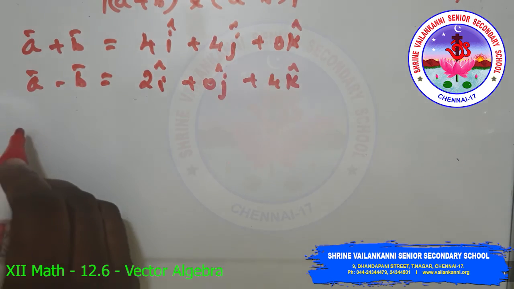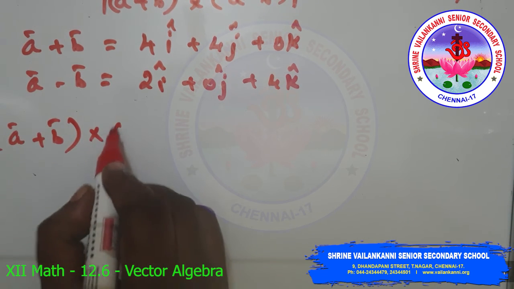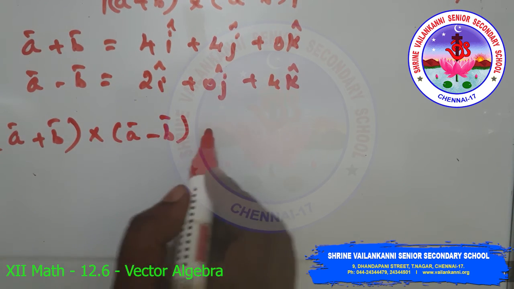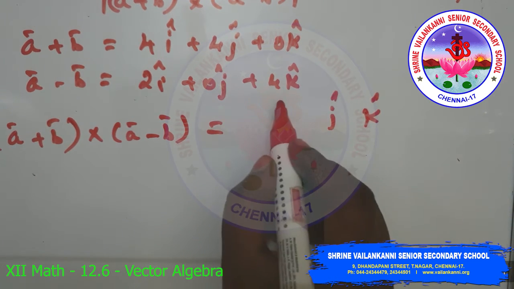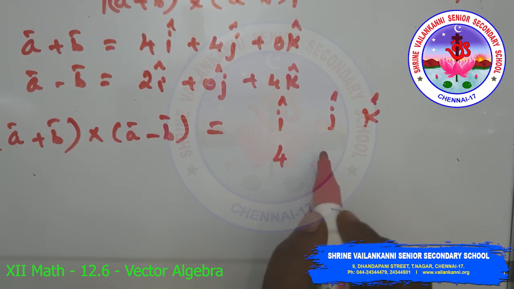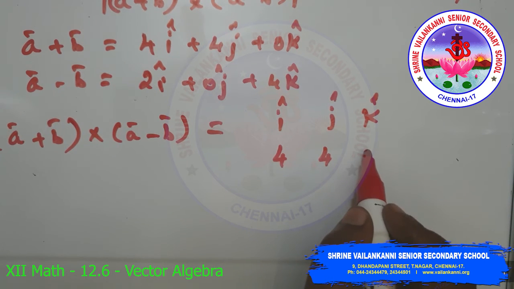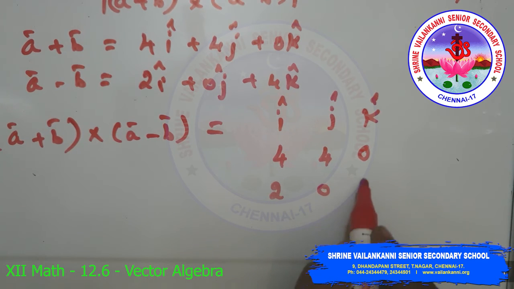Now we have to find the cross product of these two vectors, that is A plus B cross A minus B. So using the determinant form i, j, k. So coefficient of i is 4, j is 4, k is 0. Here it is 2, 0 and 4.